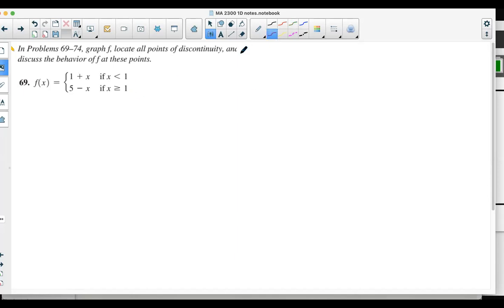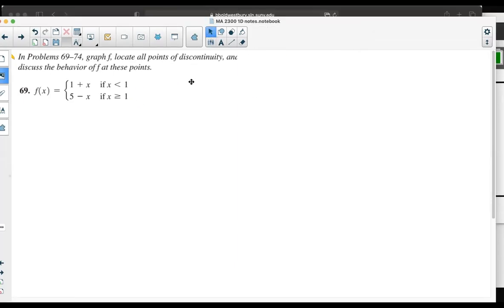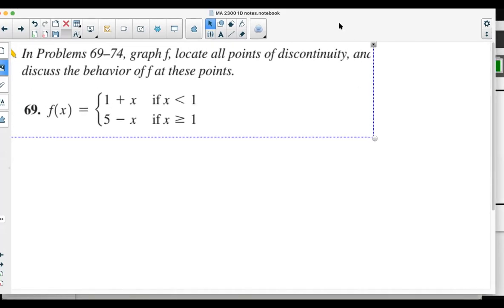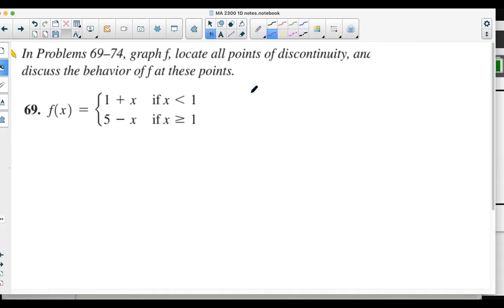In order for me to check for the discontinuity, I'm going to find the limit and then compare to that. Continuity is what? The limit of the function as x approaches a has to be equal to f of a.